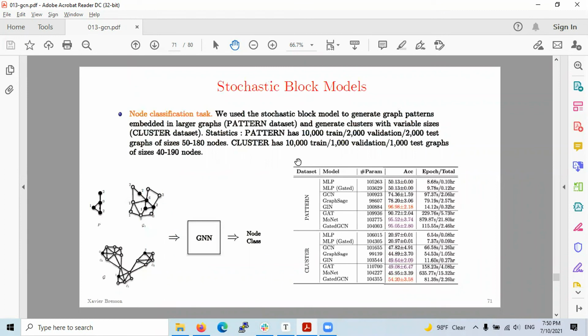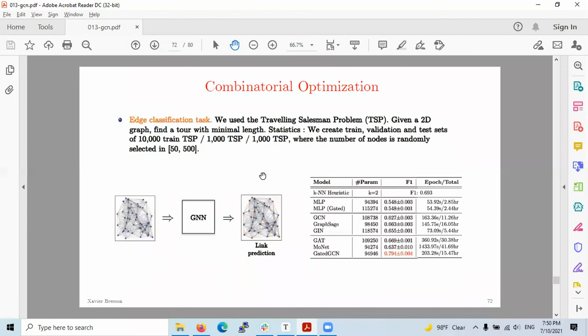And then there is node classification, I mean, the standard clustering task as well, and someone has tested that as well. And then combinatorial optimization as well, wherein I'm not really sure about this, but I've read somewhere that the traveling salesman problem is a very, very difficult problem to solve.